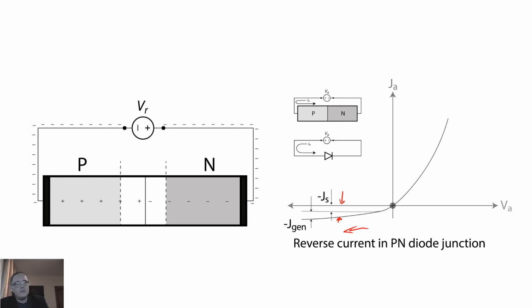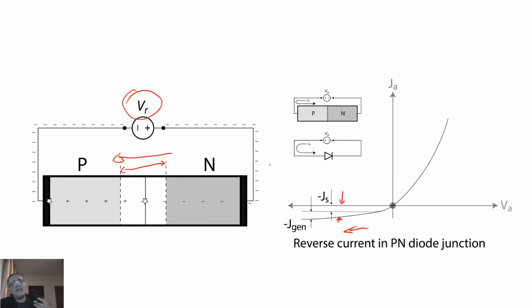And this is because if we apply larger reverse bias voltage, the internal electric field increases and the area of the space charge region increases. Now, larger area means larger statistical chance for the generation of hole-electron pairs, hence larger current.